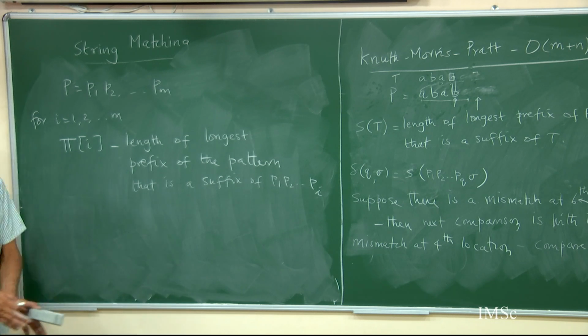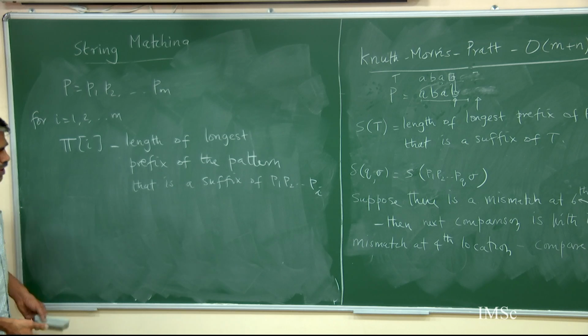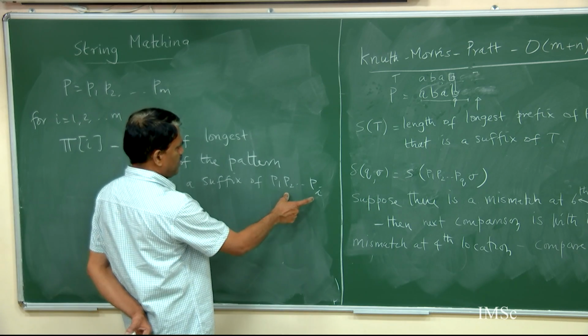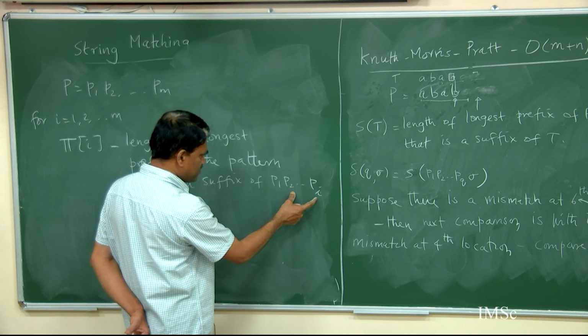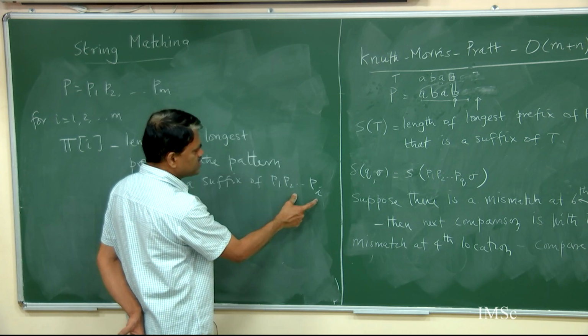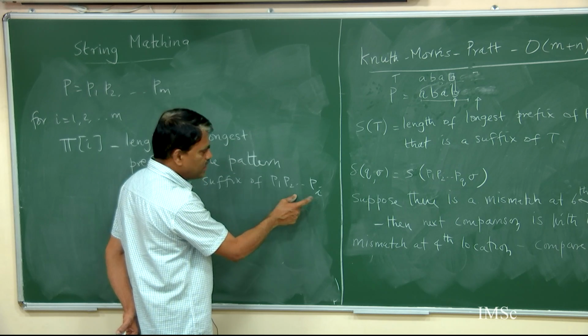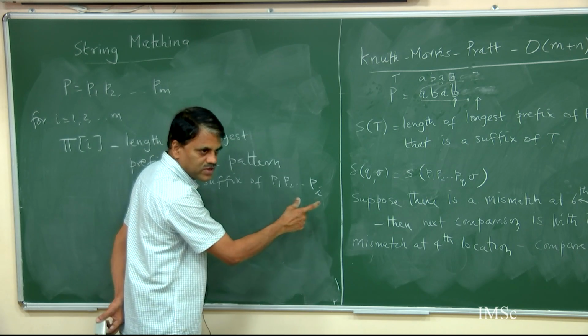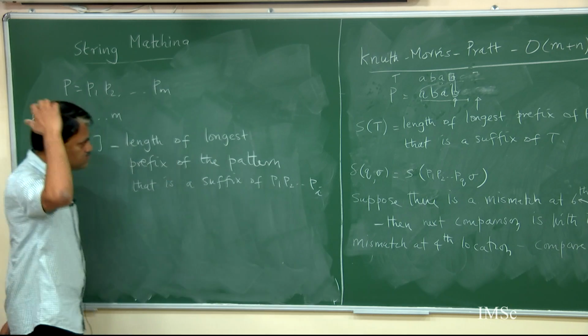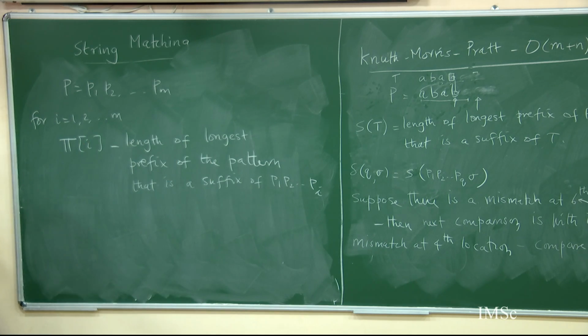So, now I am going to do my shift, do my sliding. How much do I slide? Well, if you tell me how much suffix is still a prefix of the pattern, then that much I can shift. It is very similar to the automata thing, right. Is it clear?